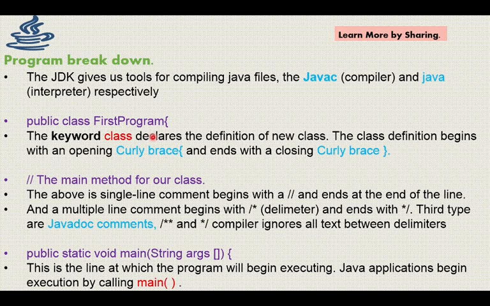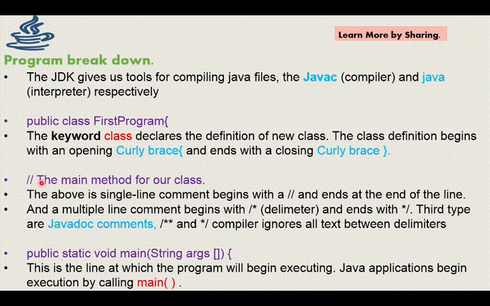So the class definition begins with the curly brace. So you saw there that there was a curly brace. Also, it ends with a closing curly brace. So we saw this line. So this is a method, a comment, right?